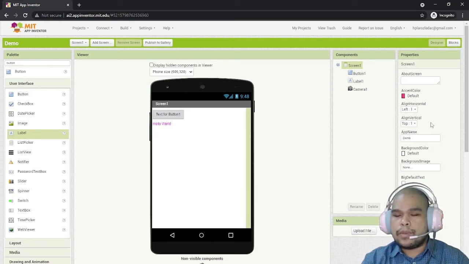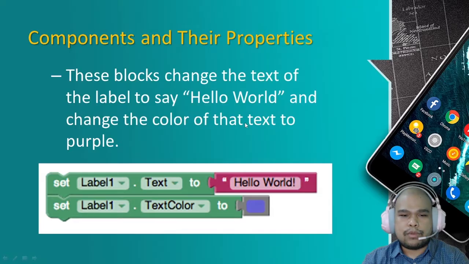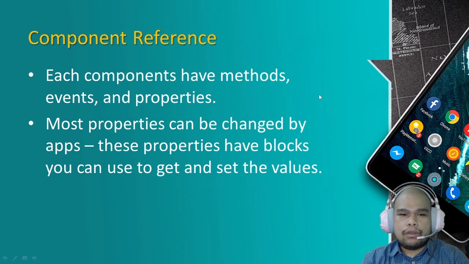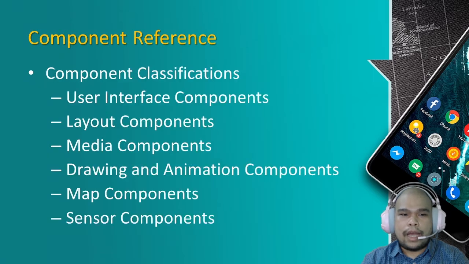Later, we'll provide examples of how we can do these configurations, providing directions and functionalities to these components using the blocks. Okay? So let's proceed. Each component has methods, events, and properties. Most properties can be changed by apps. These properties have blocks that you can use to get and set the values.